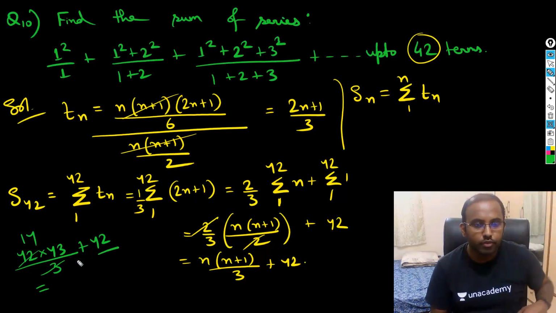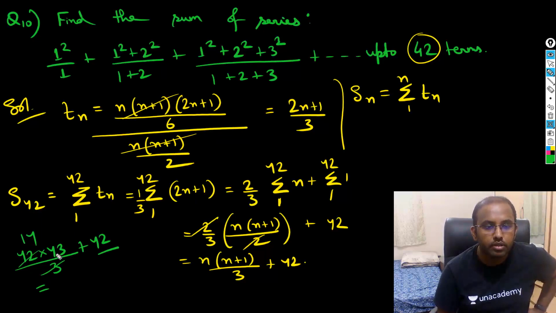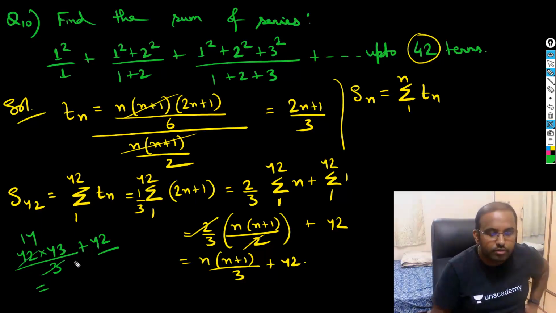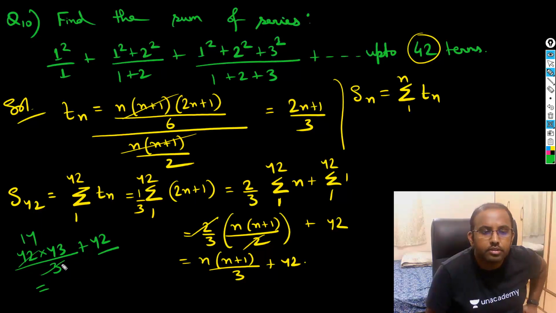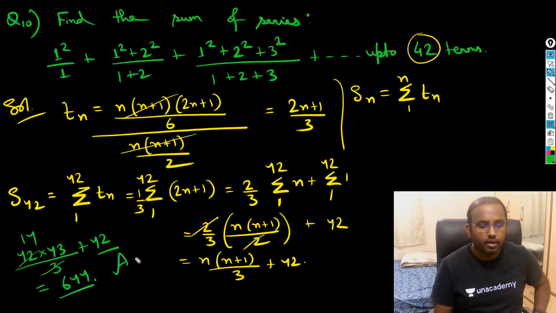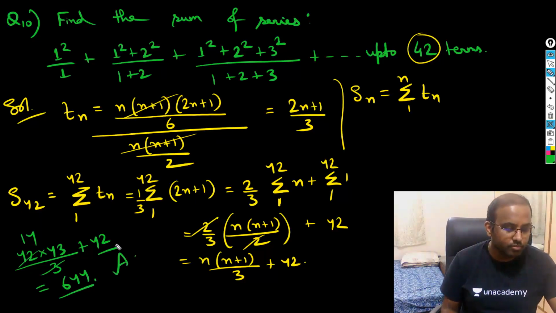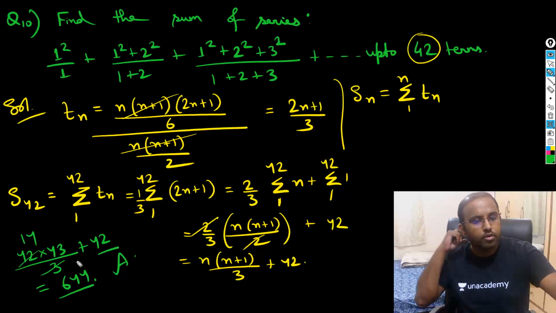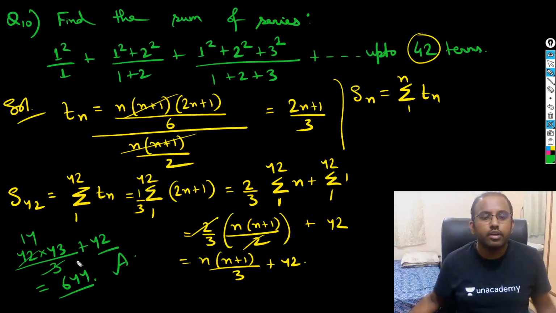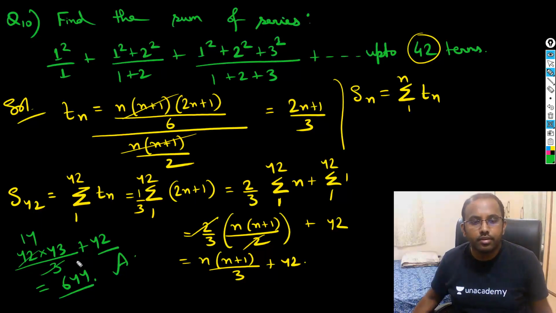If we don't make any calculation mistake, the answer should be, 43 into 14, 602, and 602 plus 42, 644 is coming, right? It is 644. I think that should be the answer, because 43 into 14 is 430 plus 172, which is 602. 644 should be the answer.